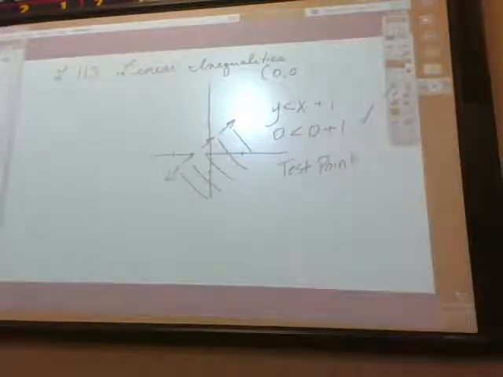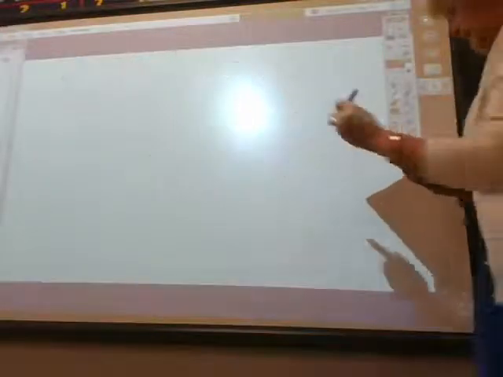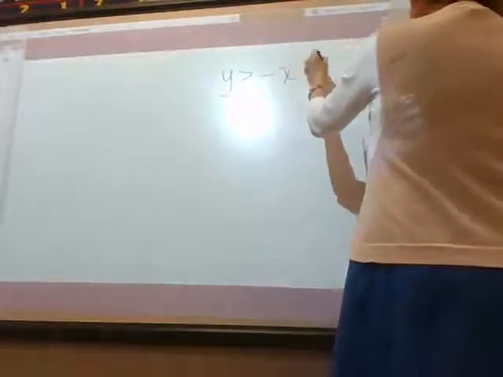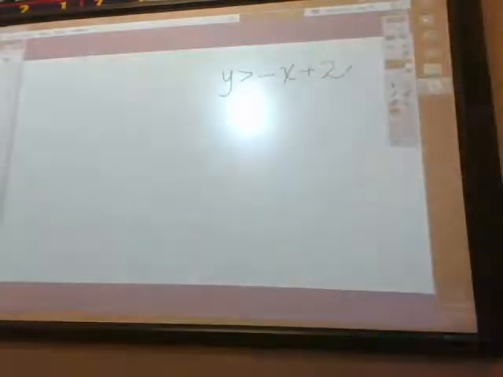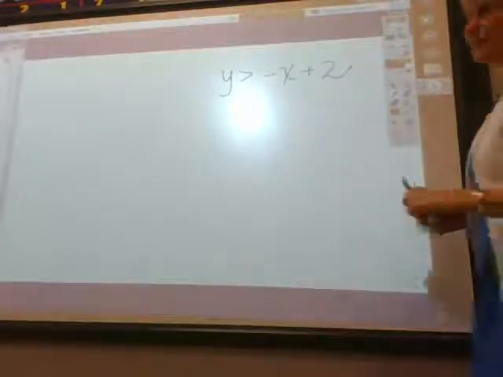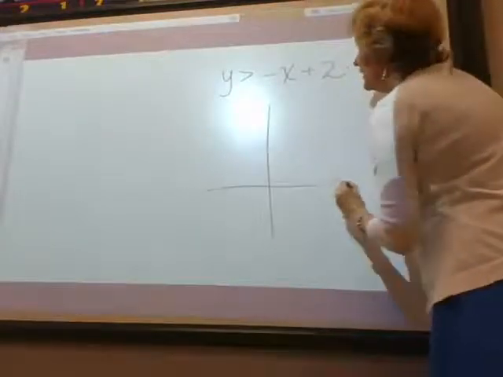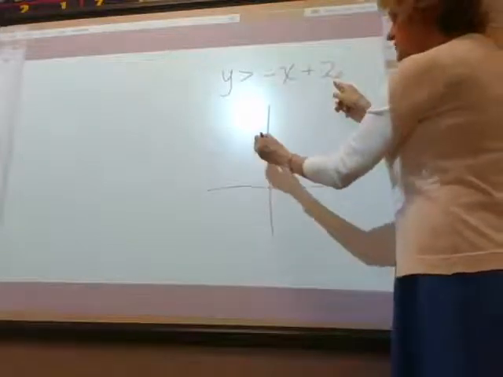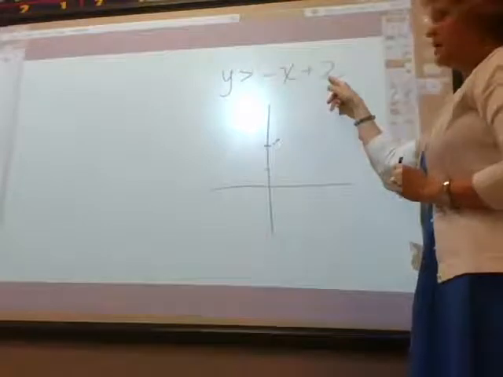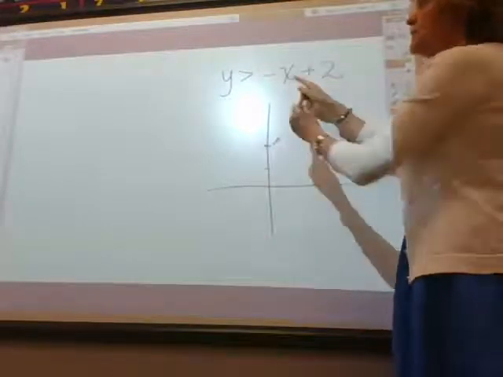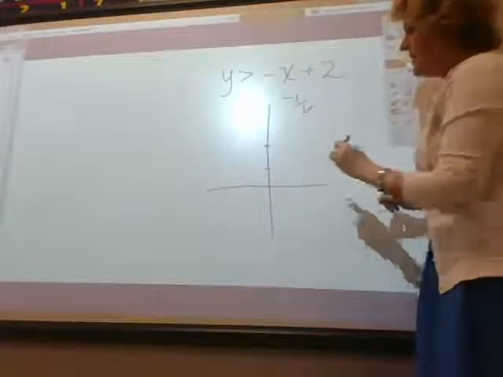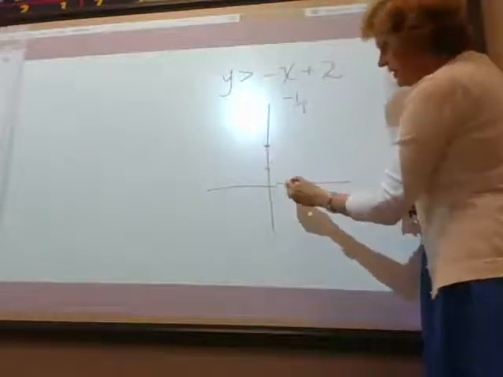So let me do the first example. Also, I'd love for you to read through this lesson, but hopefully my presentation is going to be helpful. All right, so let's say that we have this inequality. We want to graph it. It's in slope-intercept form, good. I'm going to start at 2 on the y-axis. My slope is -1, so I'll think of that as -1 over 1. I'm going to go down 1 and over 1.